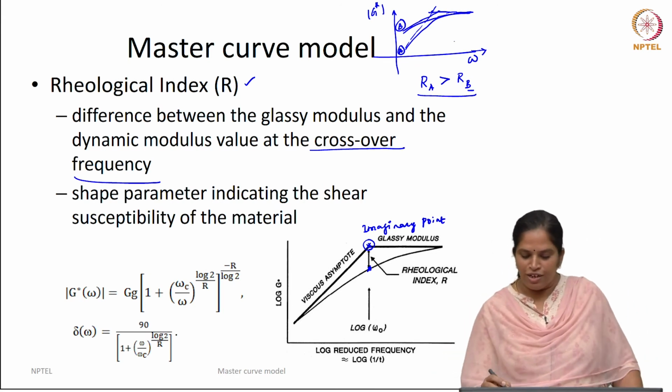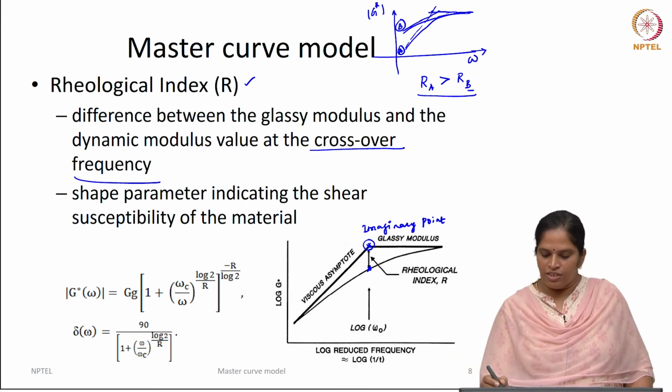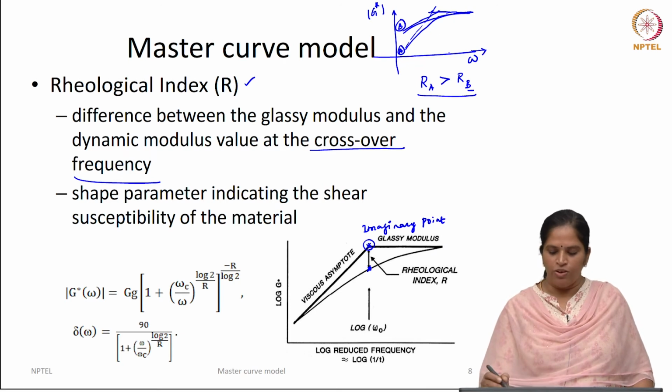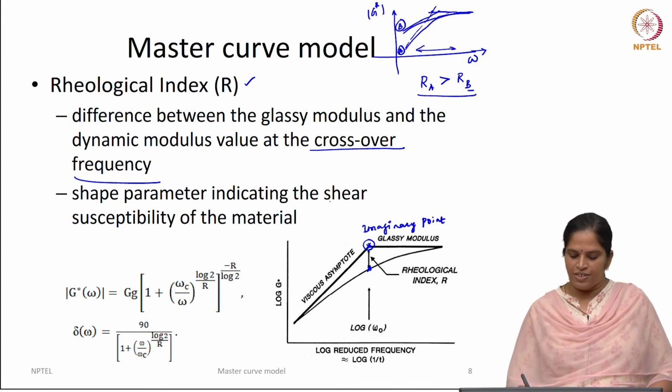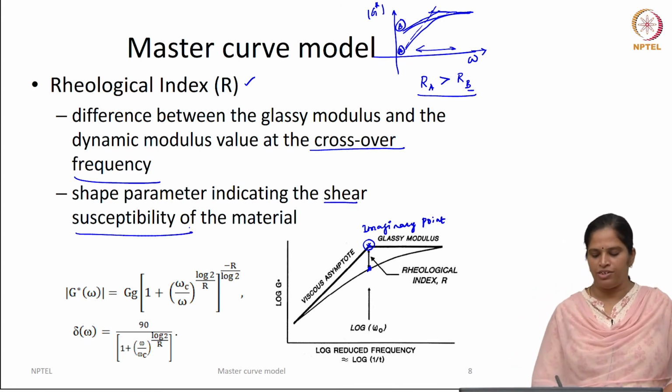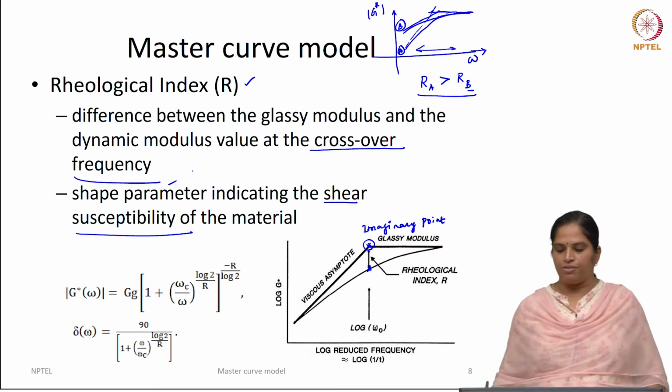So this tells us how the modulus is varying over an entire range of frequency. You can call it a shear susceptible parameter or a shape parameter.